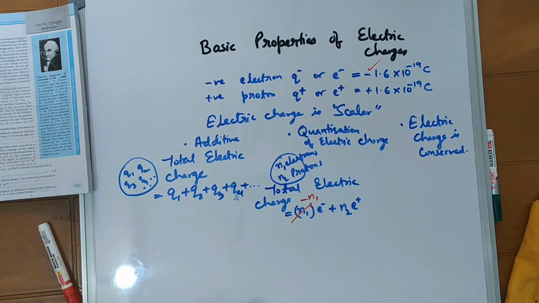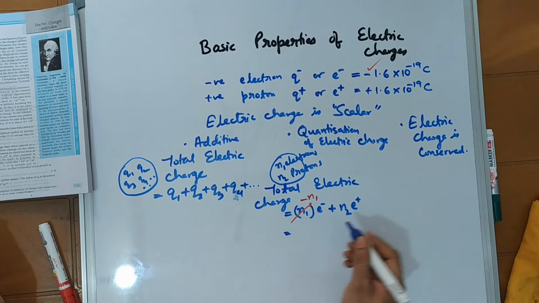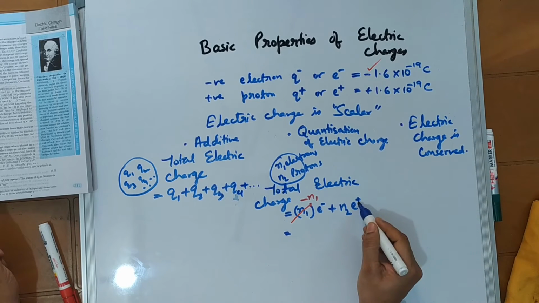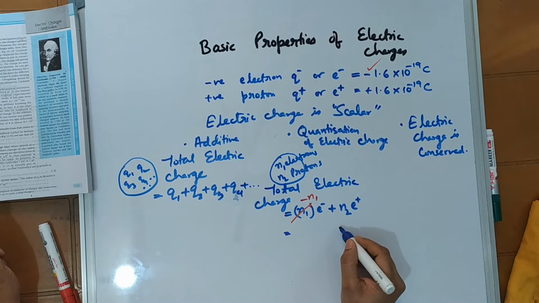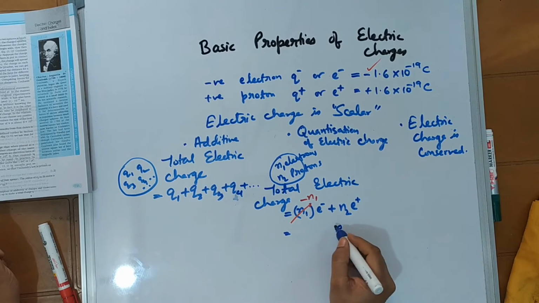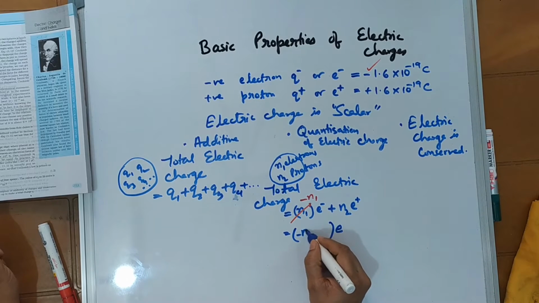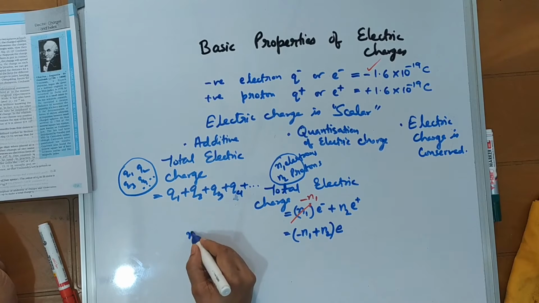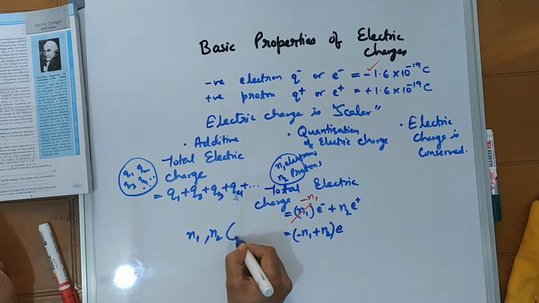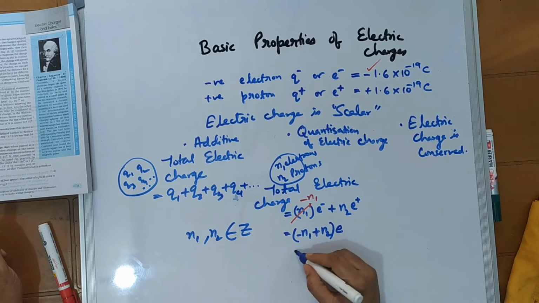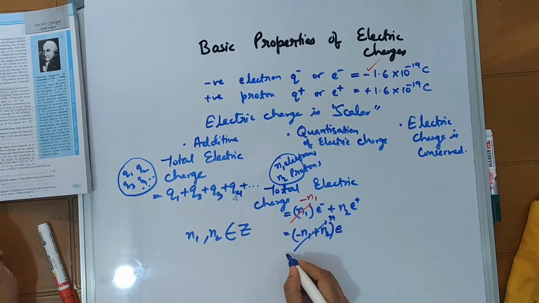In magnitude, the charge on an electron and on a proton are the same. So we can take e as 1.6 × 10^-19 coulombs, and we have (−n1 + n2) e. Here n1 and n2 belong to the set of integers, so their difference is also an integer.